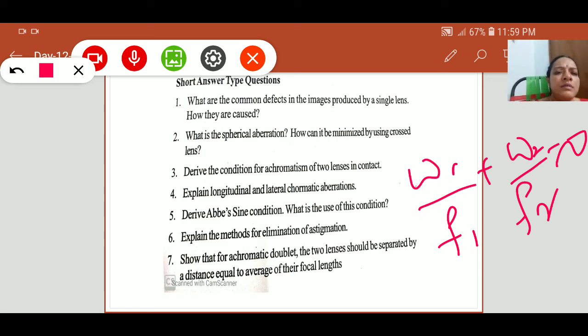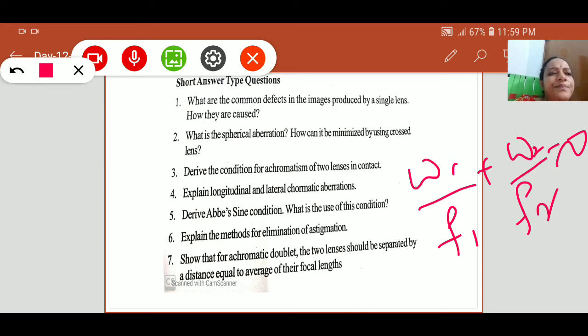Explain longitudinal and lateral chromatic aberrations. This also we studied. You have to draw that image. You have to show the longitudinal aberration and lateral chromatic aberration.